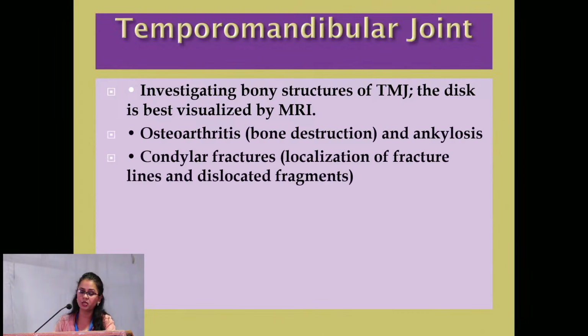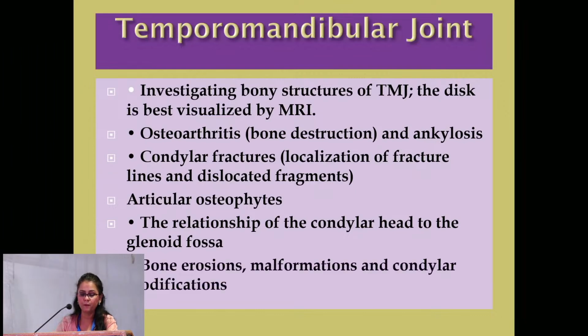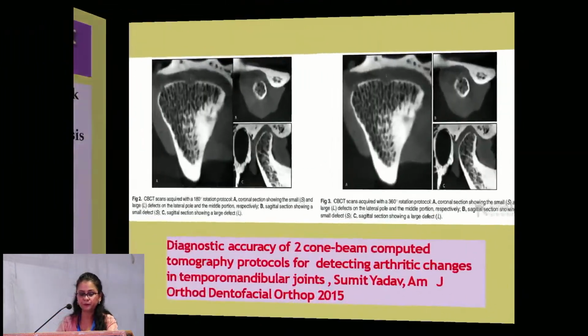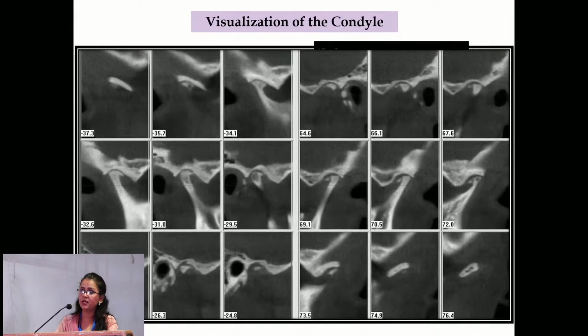Any bony destruction as far as osteoarthritis is concerned, condylar fracture, osteophytes, condyle relationship with the glenoid fossa, erosions, malformations, and flattening can best be visualized on CBCT. I'm just talking about the osseous aspect only, and it is best visualized on sagittal as well as coronal views.